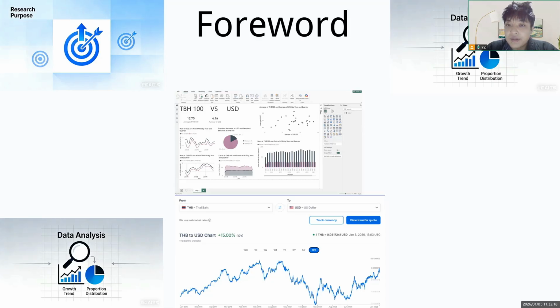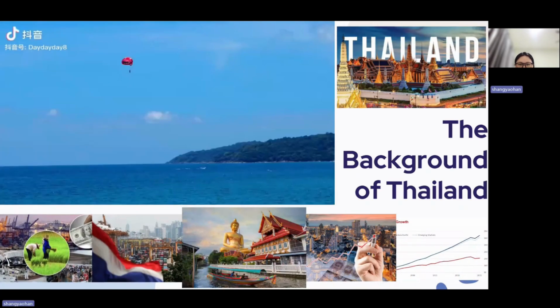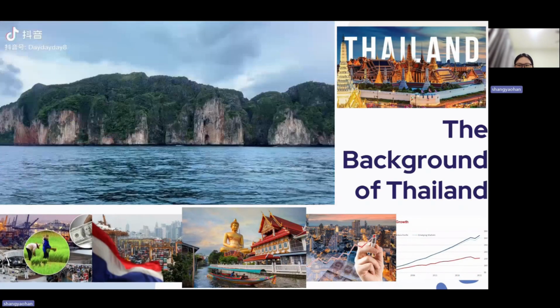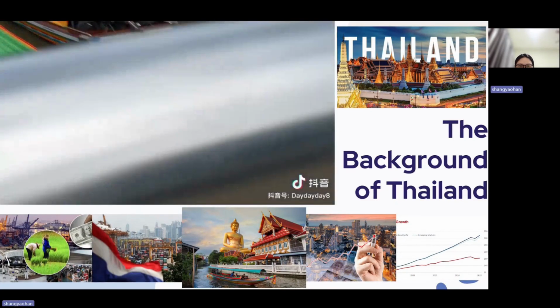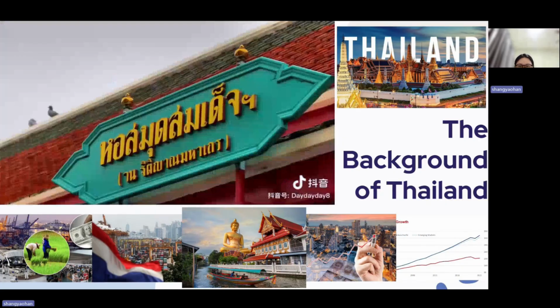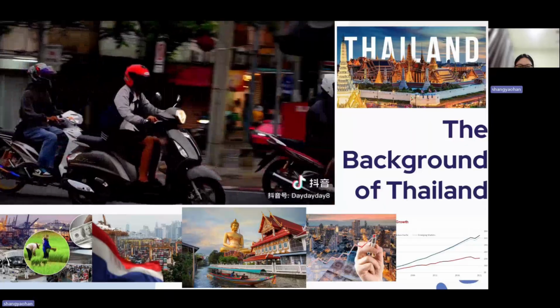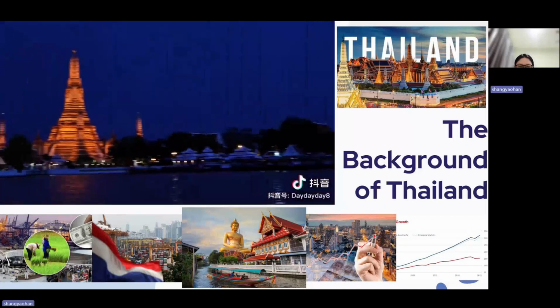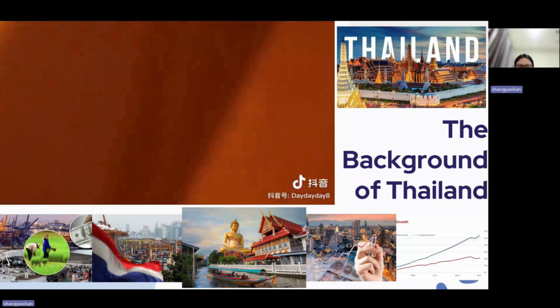From an economic perspective, Thailand is a highly export-oriented economy. Manufacturing exports and tourism are the main sources of foreign exchange. As a result, the Thai baht is very sensitive to global trade conditions and changes in tourist arrivals.